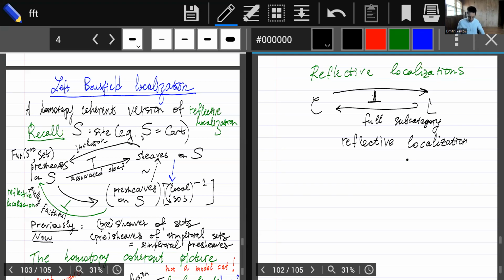So in a reflective localization, you have some category C, some full subcategory, which is called local objects.